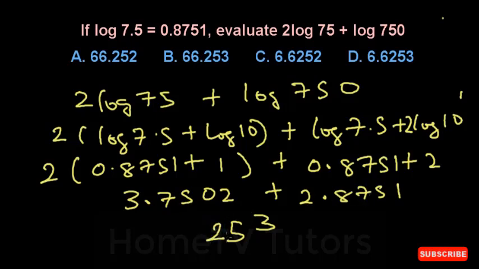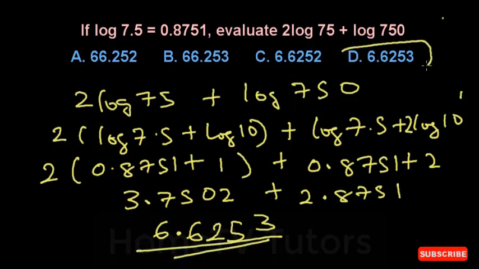You write down 2, carry 1 to the next column. 7 plus 8 gives you 15, then you add that 1, make it 16, then you carry 1 to the next column. 3 plus 2 gives you 5, plus the 1 that you bring in from the other column gives you 6. So we have option D as the right answer.